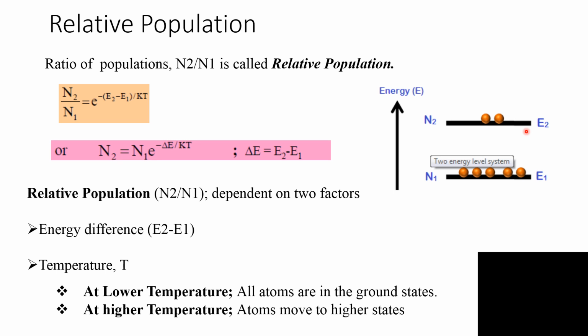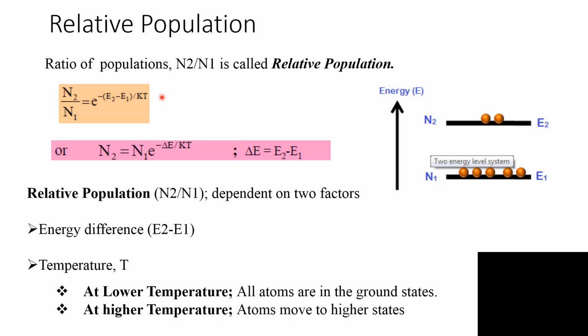In physics, we mostly compare the population of the higher energy level with respect to the lower energy level, because we know that the lower energy level will always have population, but in the upper energy level the population is low or they are empty. Therefore we say that in physics the ratio of N2 over N1 is called relative population.